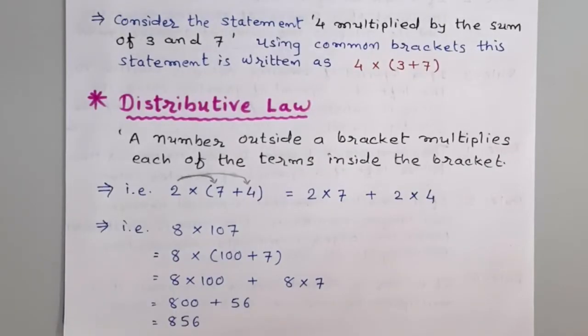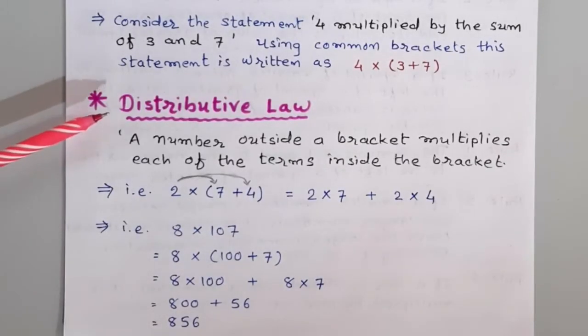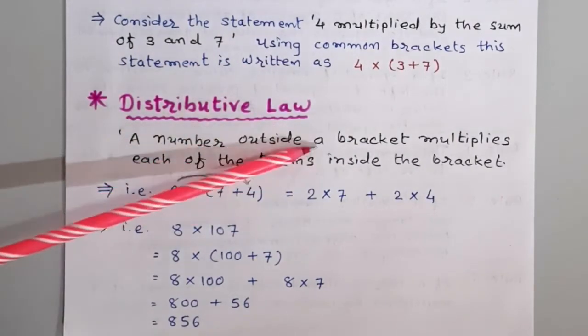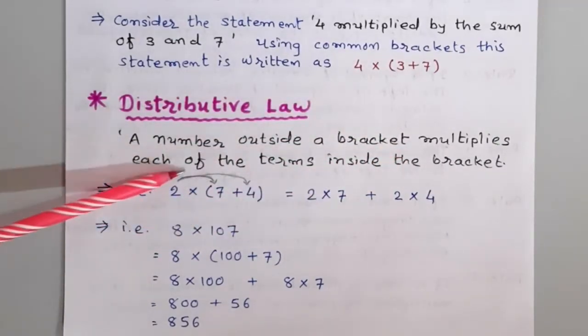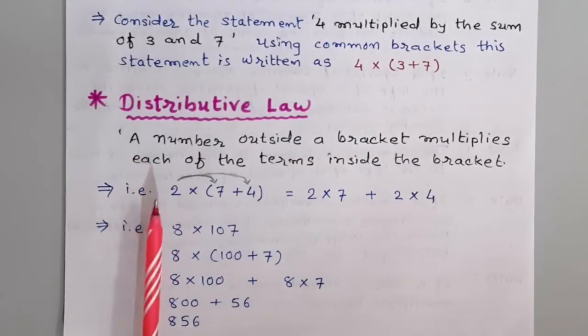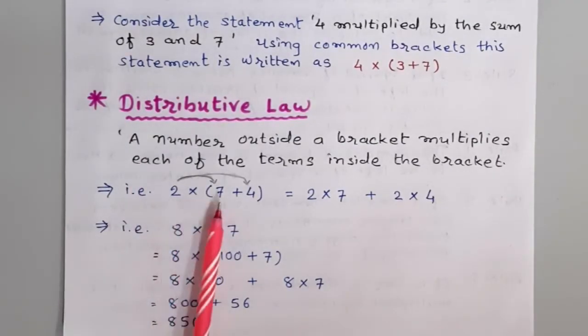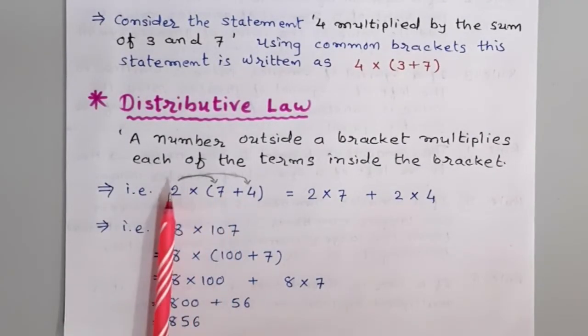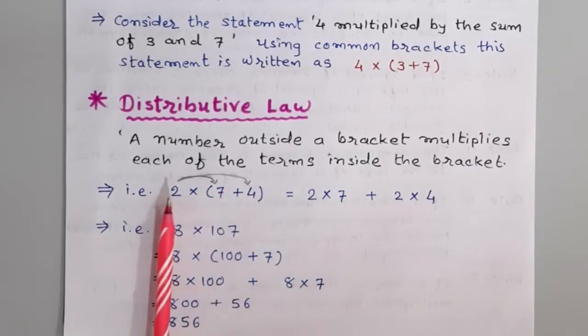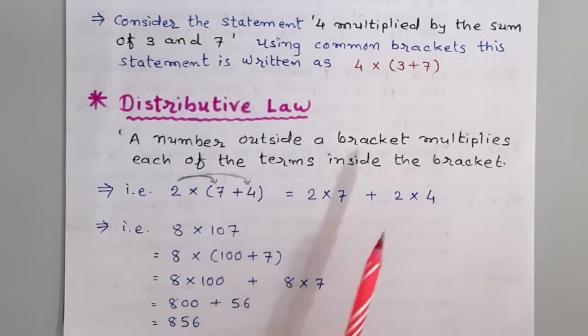Using brackets, we can understand the distributive law very easily. So, what is the statement of the distributive law? A number outside a bracket multiplies each of the terms inside the brackets. For example, 2 into 7 plus 4: 2 is multiplied with 7 plus 2 will multiply with 4.